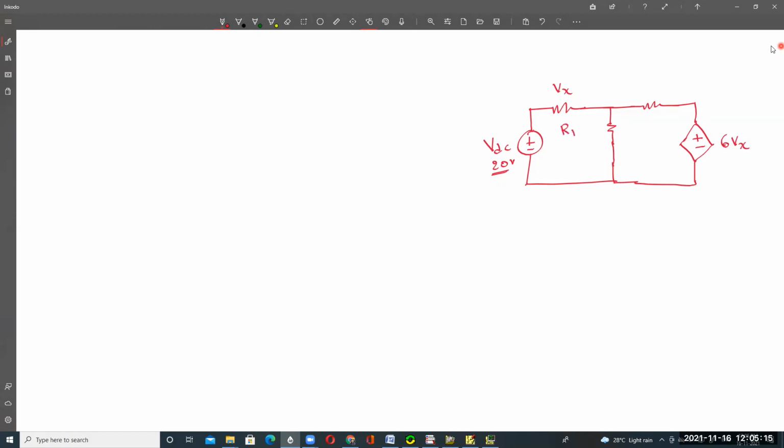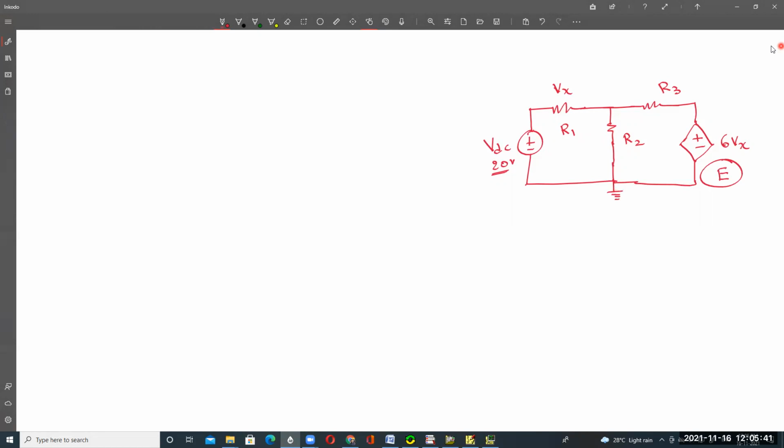For example, this is called R1, this is called R2, and this is called R3. This voltage source is depending on this resistor, the voltage drop across the resistor. This is why it is called a voltage dependent voltage source. In Pspice, this is called E. Take one ground here.